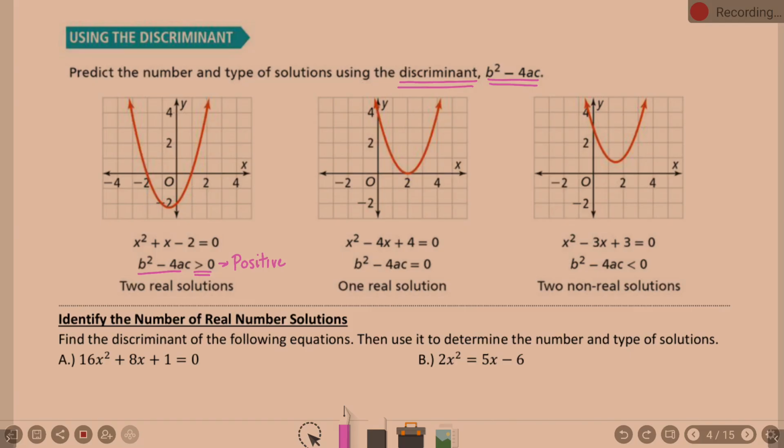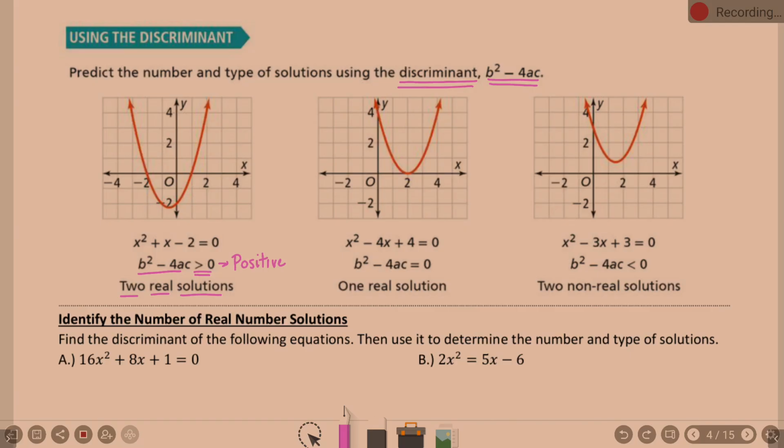Just by knowing it's positive. Now the specific positive number would tell you if they're going to be rational or irrational, and I believe we talk about that a little bit when we get down there too.